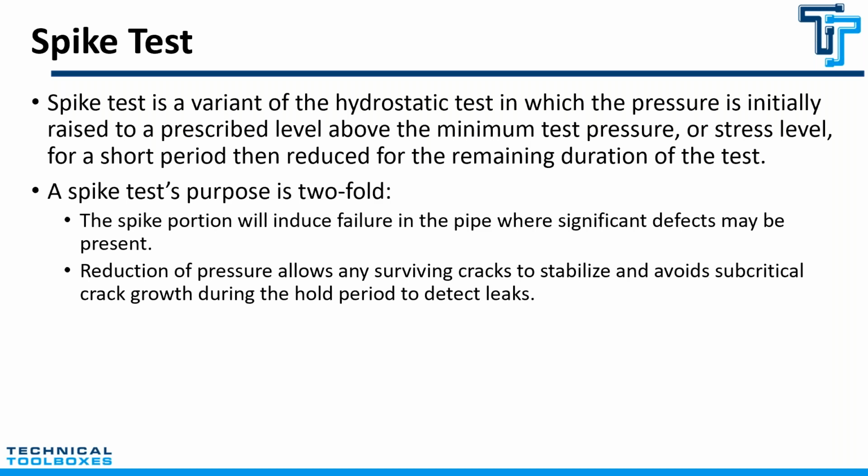Those are the places where a spike test gives a greater advantage. There was a PHMSA study done, I think in 2012 or 2014, I'm not sure about the date, that covers in detail the merits of having a spike test introduced into your hydrotest. If anybody's interested in knowing more, that's a good recommended reference to look into.